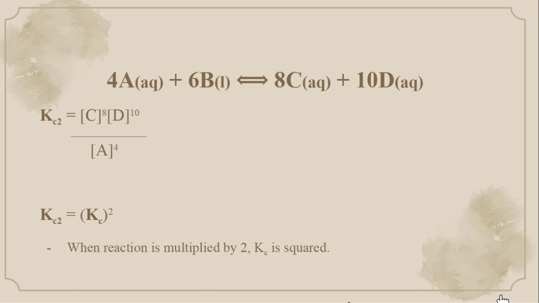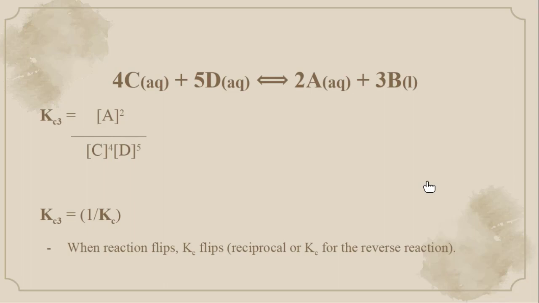All right, and then for this one, I also changed it. Who can tell me what I did differently? Exactly. I just flipped the original reaction, and this was flipped from the original, not the one that I multiplied by 2. This is based on my first Kc reaction.